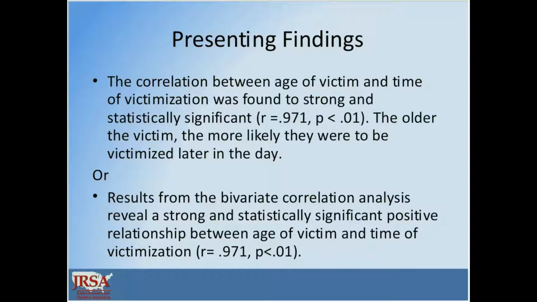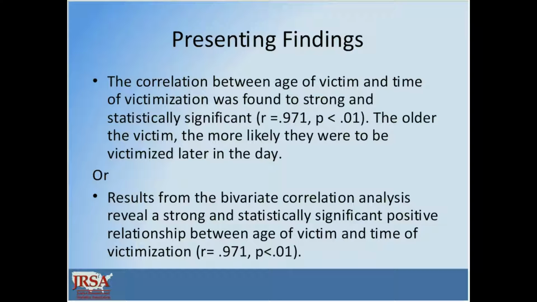If you wanted to present that, there are a couple of ways that you can present this information. Again, there are different agency preferences, but this is kind of standard language. You could say that the correlation between age of victim and time of victimization was found to be strong and statistically significant, and then you would include the R coefficient and the significance level.